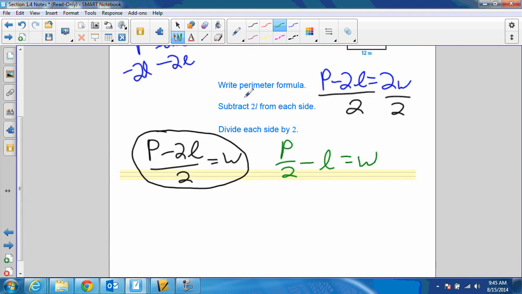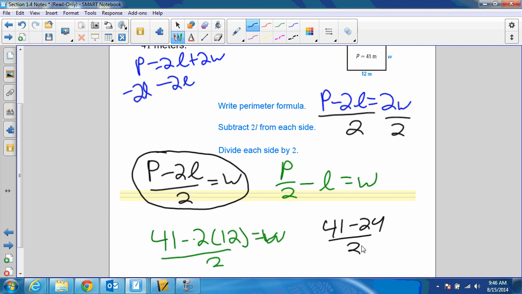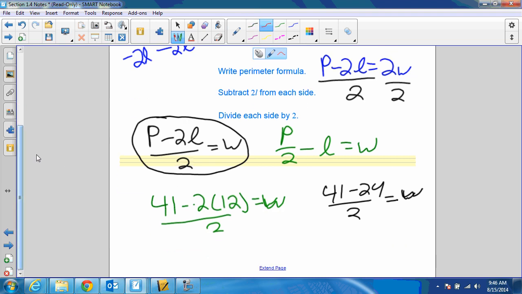So for P, we're going to plug in 41 minus 2 times the length, which is 12, divided by 2, equals W. 2 times 12 is 24, so we'd have 41 minus 24 divided by 2 equals W. And then 41 minus 24 is, I can't think today, 17. 17 divided by 2 equals W.